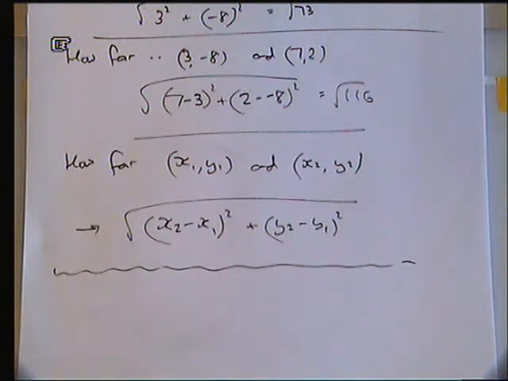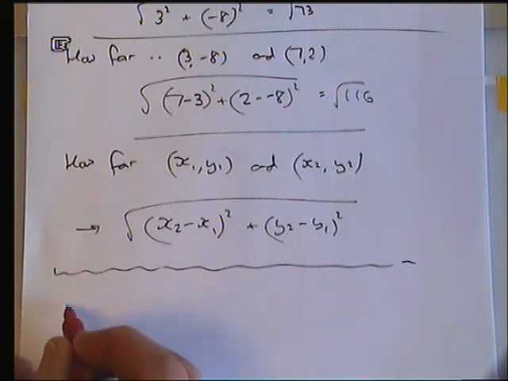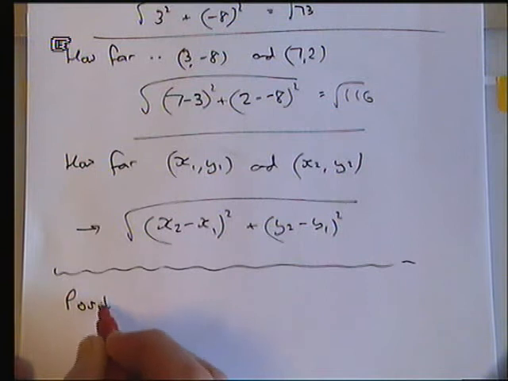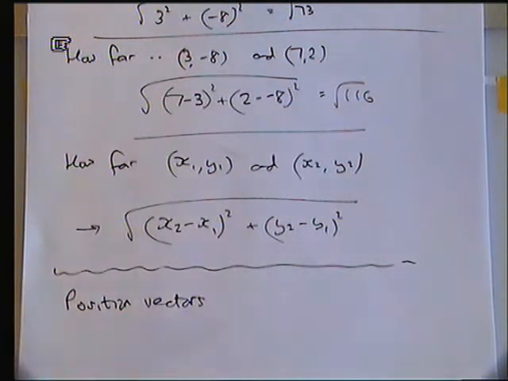Going to look at some 3D stuff next. 3D stuff in vectors generally isn't any harder than 2D stuff, which is quite nice really. It's just got an extra row of numbers in it. So, going to have first of all a position vector. Position vectors are always measured from the origin.